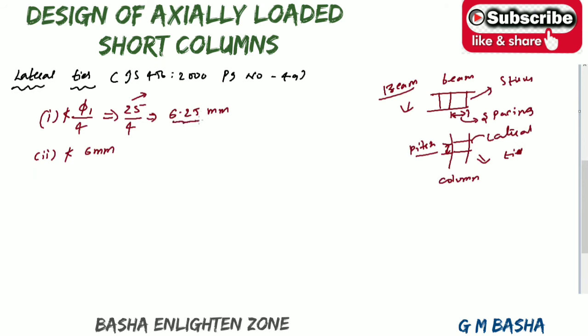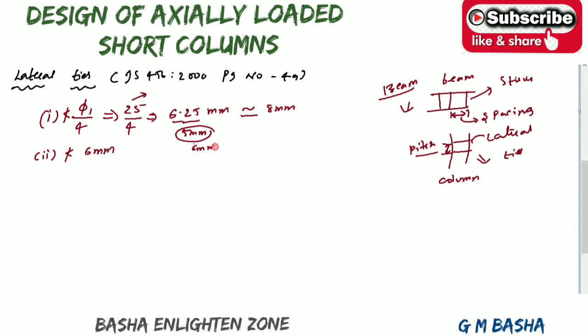Therefore I round off this value to the next dia bar, which is 8 mm only. There will be no 7 mm dia bar available in the market. But after solving you may get some 5 mm. At that time we round off and provide the least requirement in the code, which is 6 mm.